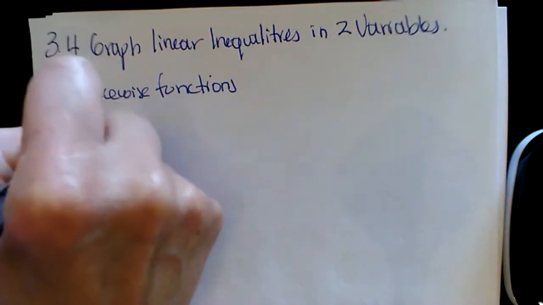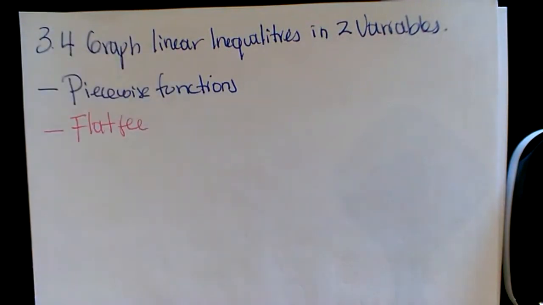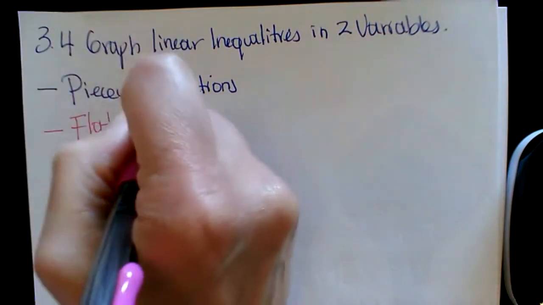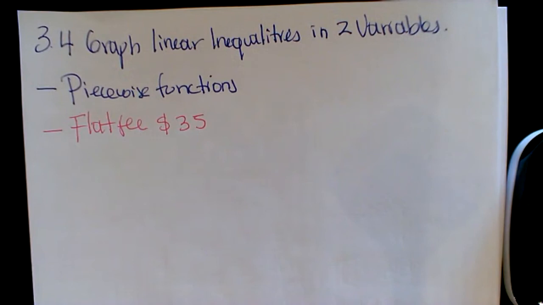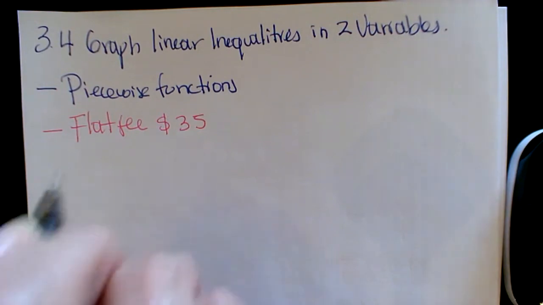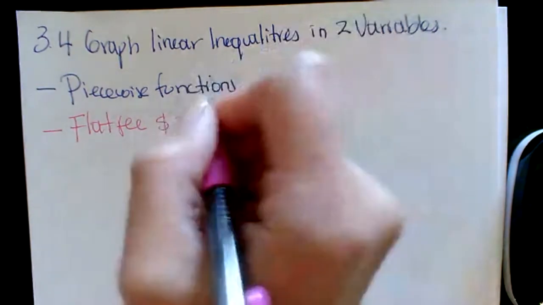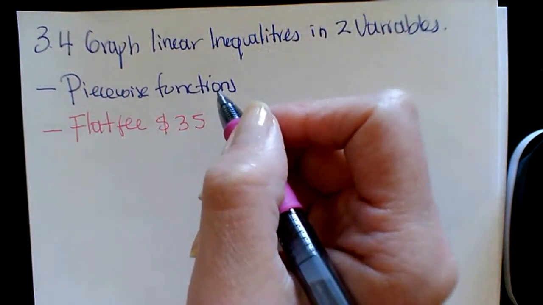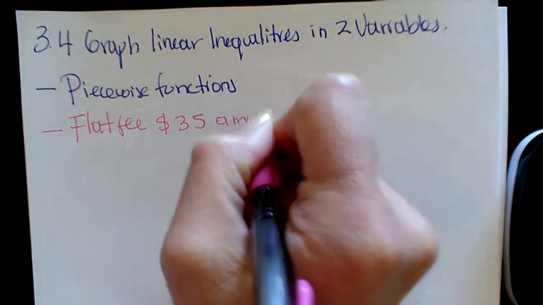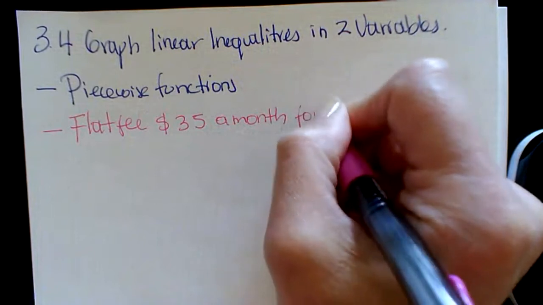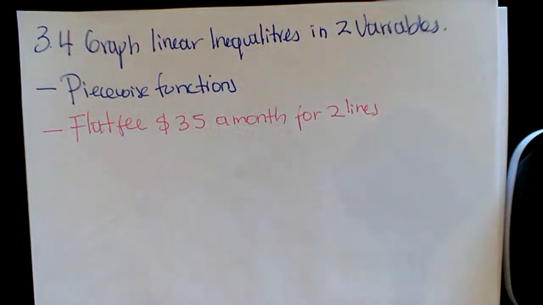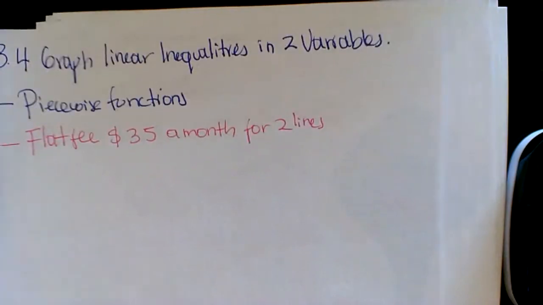It's a flat fee. We need to pay a flat fee of $35. Actually, this is a Google Five. That's what it's called. It's a wireless provider. Okay, but we can just make up a name. So it's a flat fee of $35 a month for 2 lines. Okay, and it's unlimited talk and text.